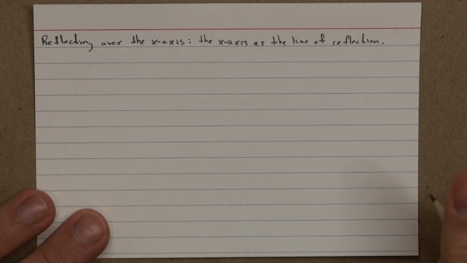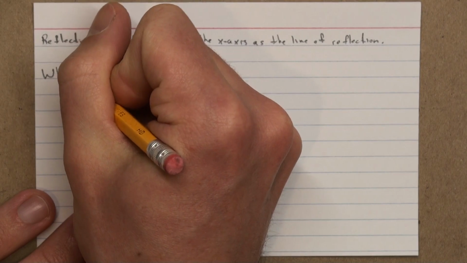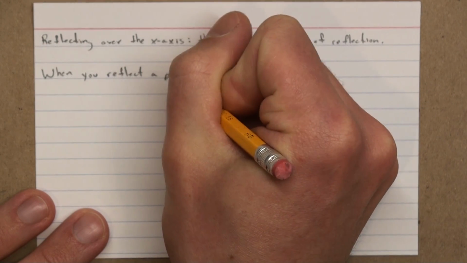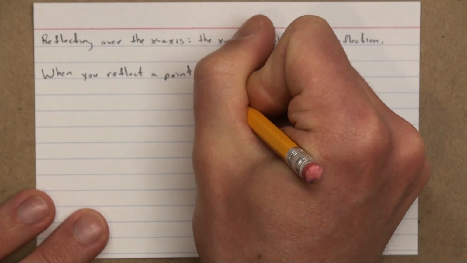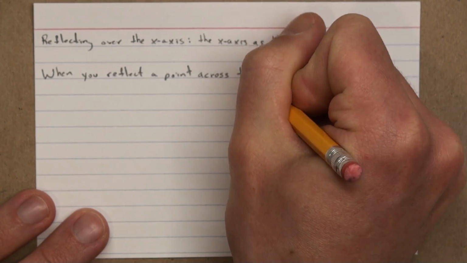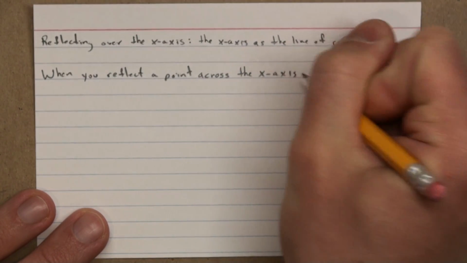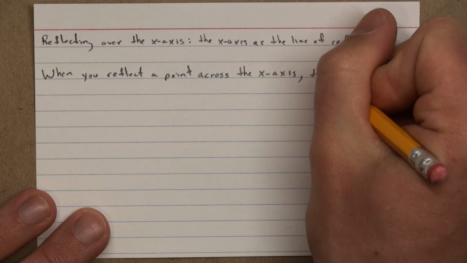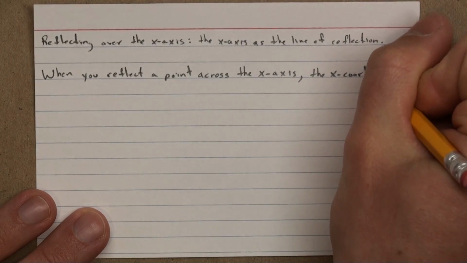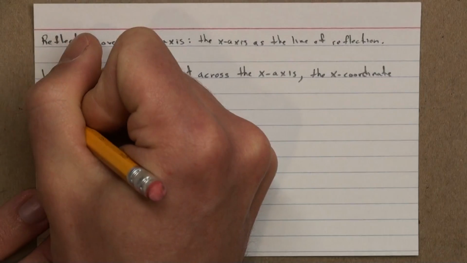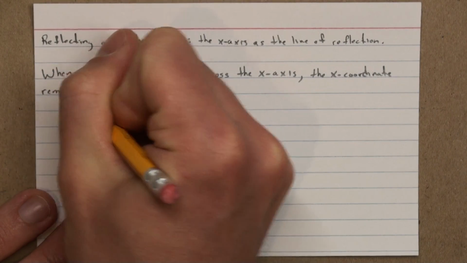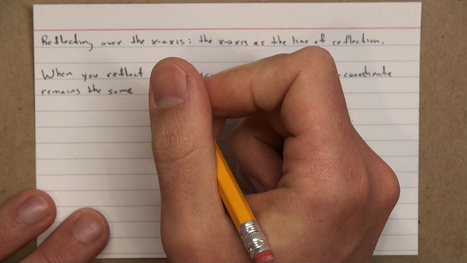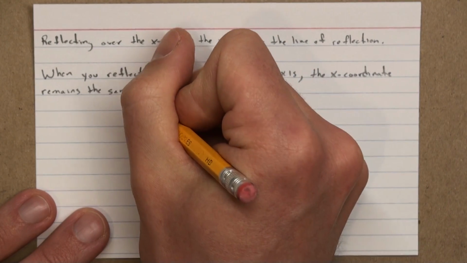When you reflect a point across the x-axis, the x-coordinate remains the same. But the y-coordinate is transformed into its opposite.